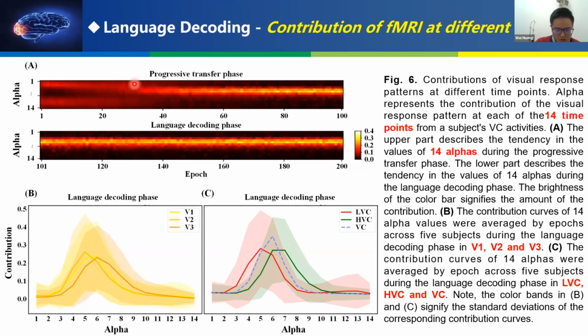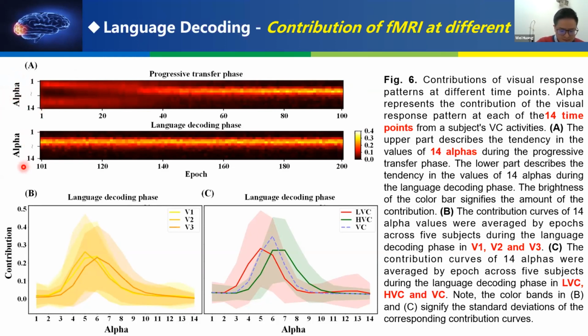Therefore, we use 14 alphas as the weights of the 14 time visual response patterns to observe the time distribution contributing to language decoding.